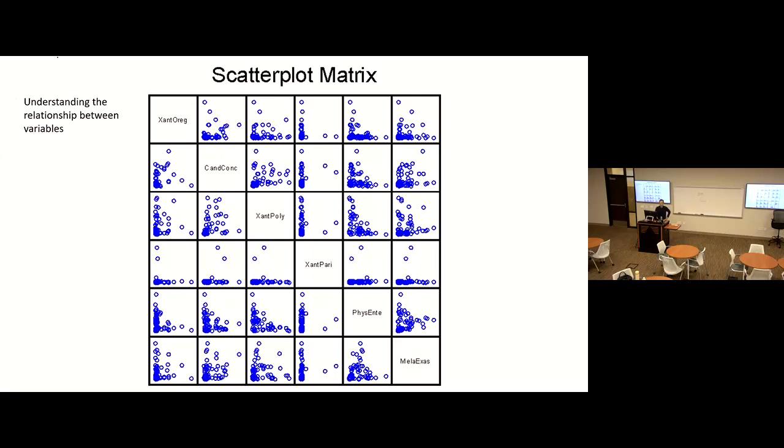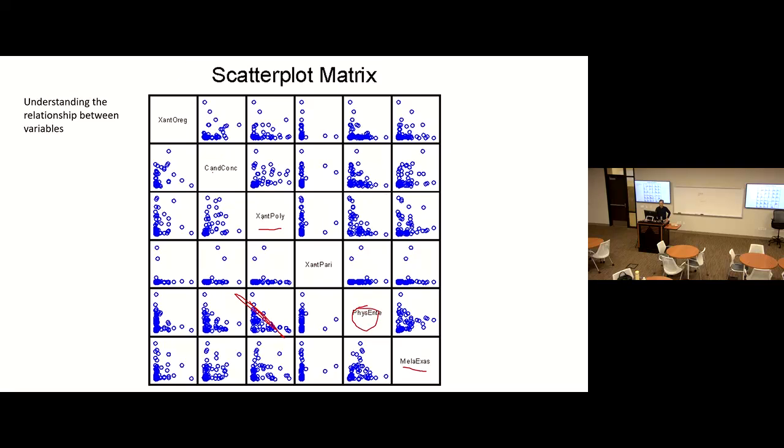So if you have multiple variables in here, 1, 2, 3, 4, 5, 6 variables, you can plot this scatter plot to look at the relationship between variables. We can see, for instance, between these two, it looks like a negative correlation between this variable versus this variable in this corner.